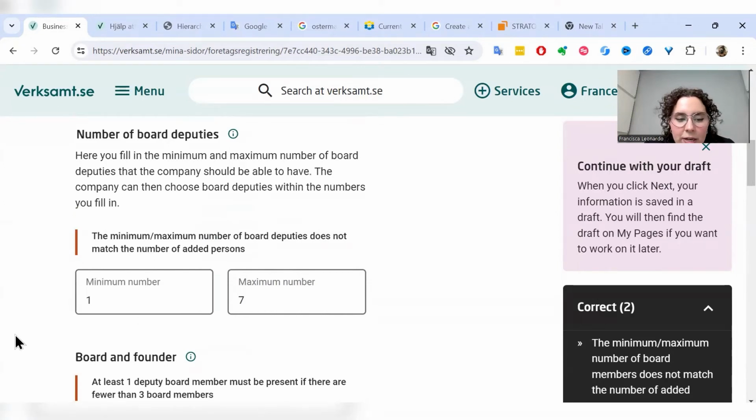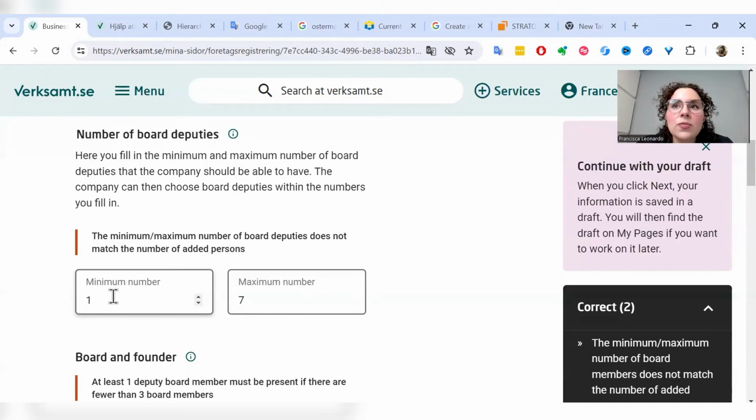It's important to mention that if you happen to have fewer than 3 board members, including yourself, you always need a deputy. That's a rule. Whenever making board decisions, we need someone to break a tie.